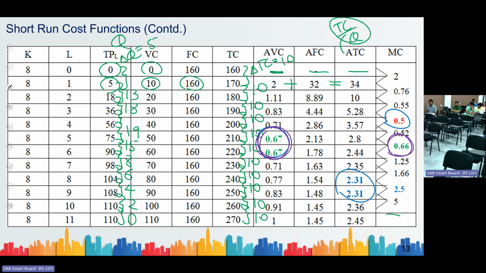This is where MC and ATC are equal. This is where MC and ABC are equal. This is where MC and ATC are equal. So these points have another important characteristic. What was it?